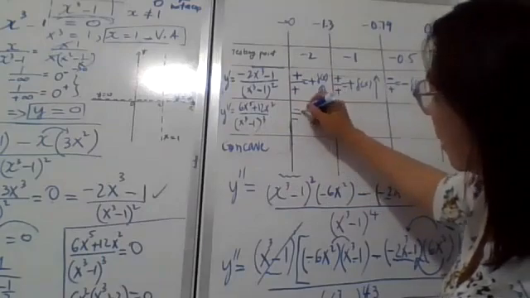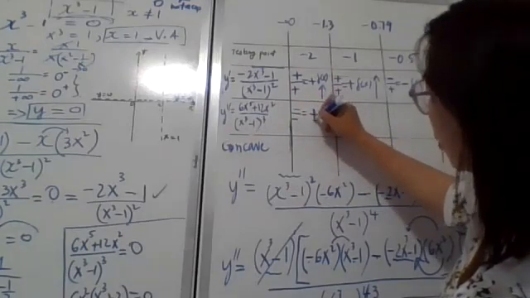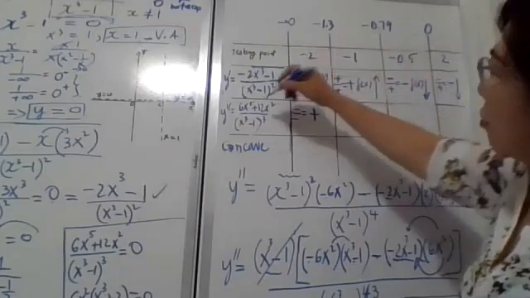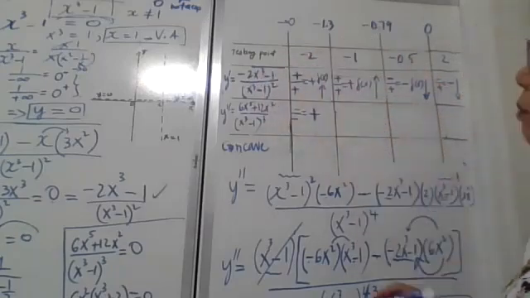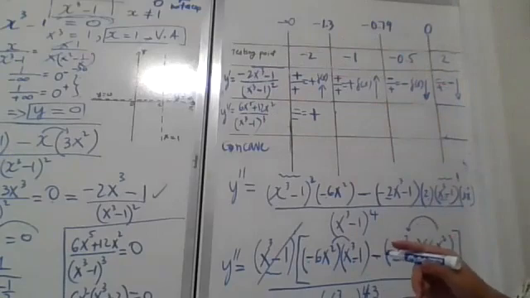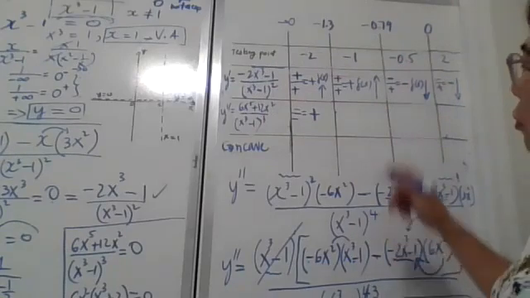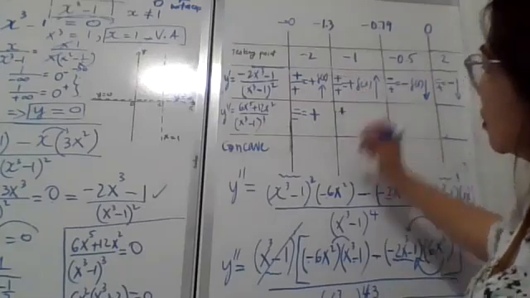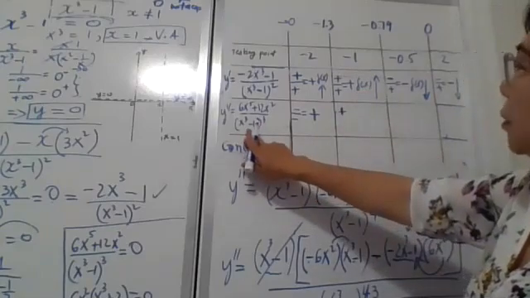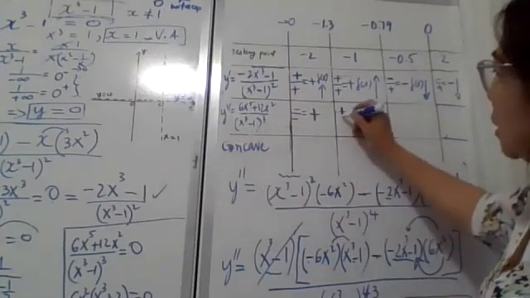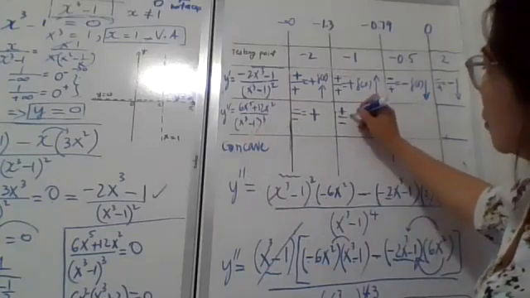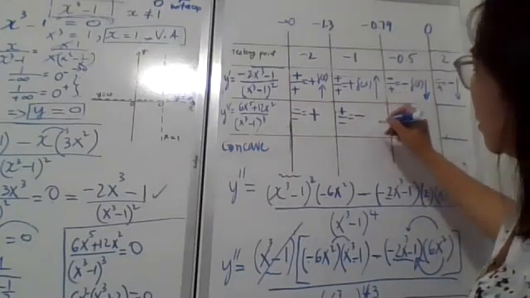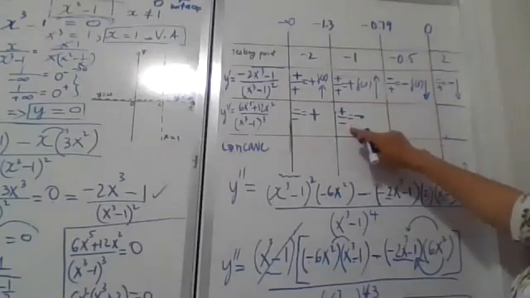So negative divided by negative equals positive. Minus 1, if we put it in here, it becomes minus 6. Minus 6 adding with 12, so it becomes positive. Minus 1 put in here, minus, so that also becomes negative, right? Positive divided by negative.